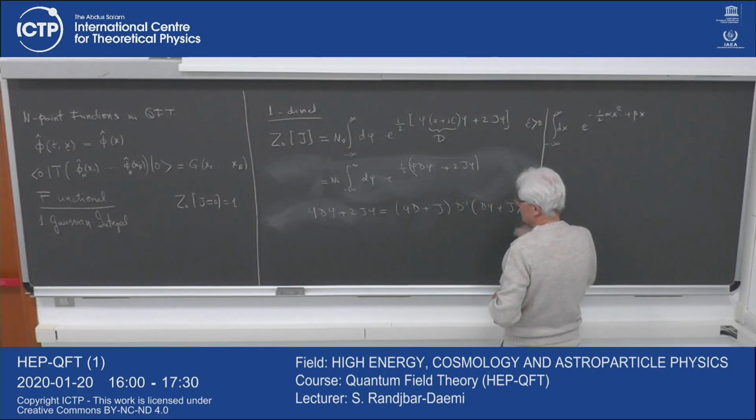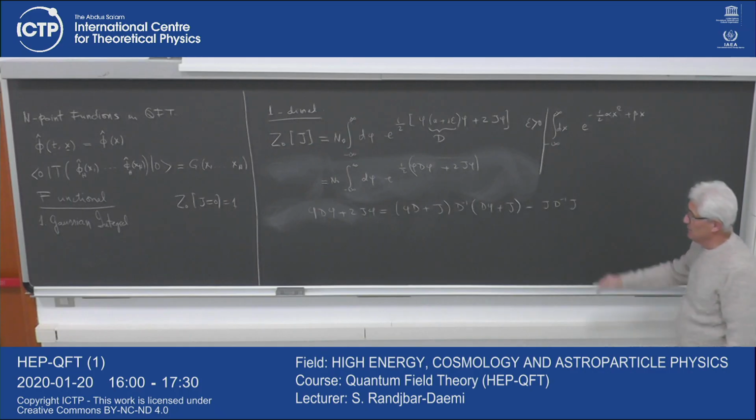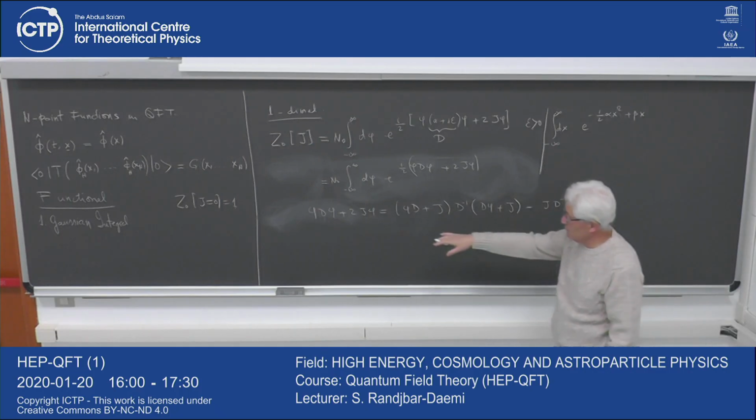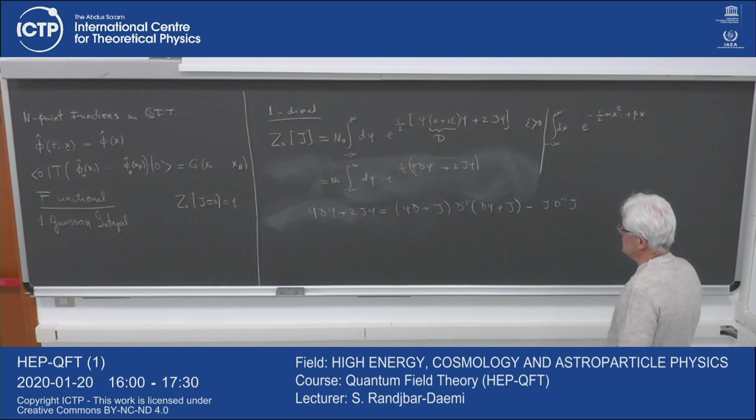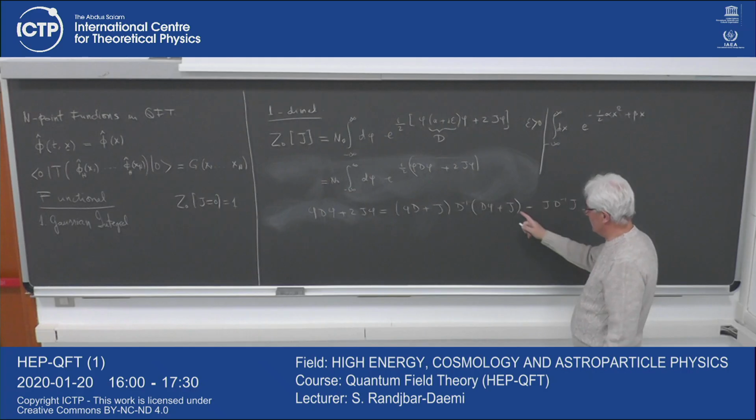And therefore, we must subtract. Okay? So we should subtract j d inverse j. If you expand everything, then the result will be the left-hand side. So therefore, there is a j dependence here and j dependence here, apparently.